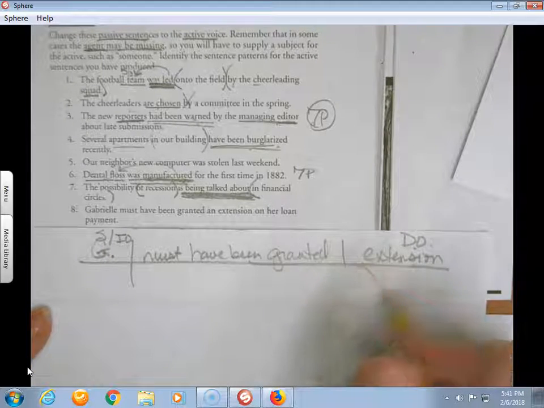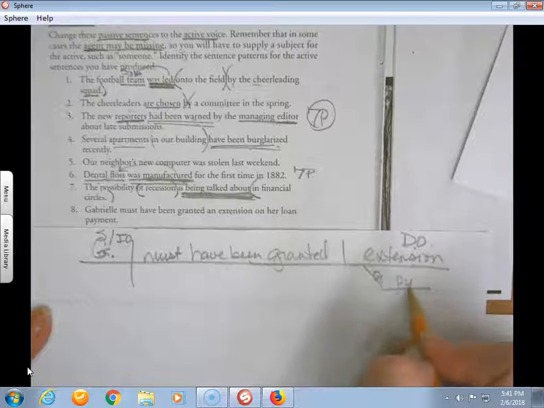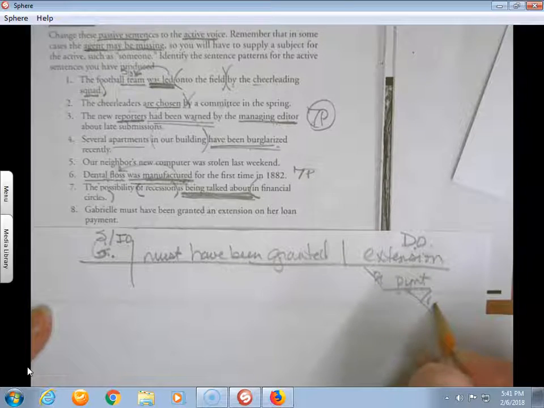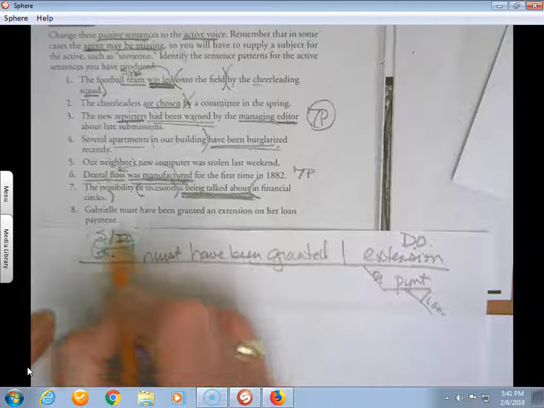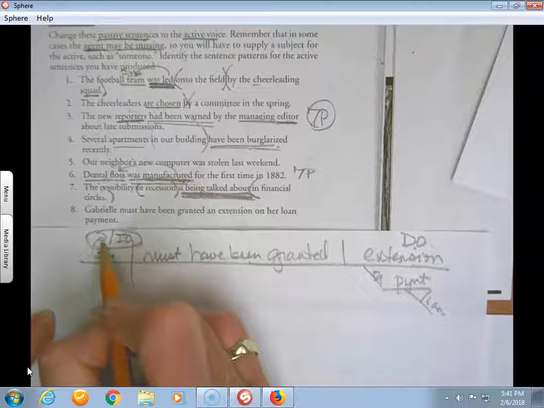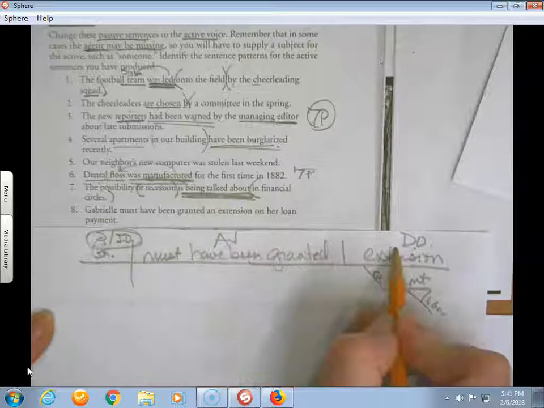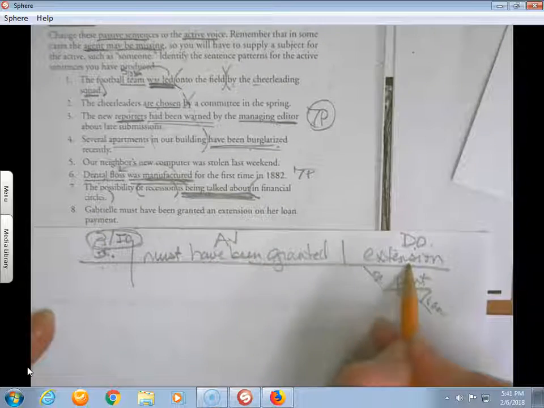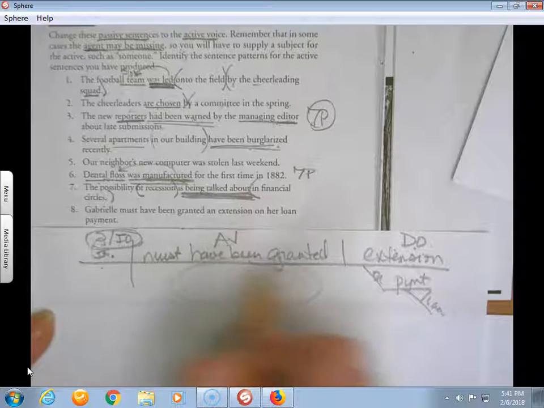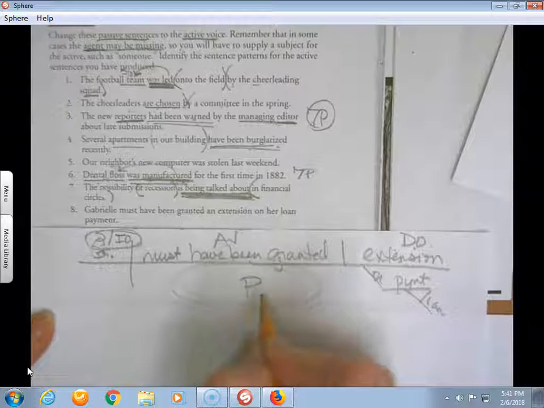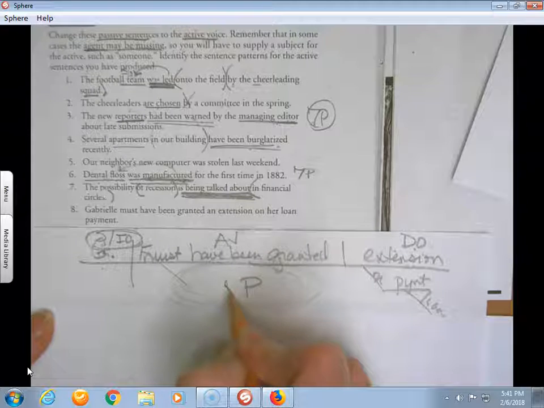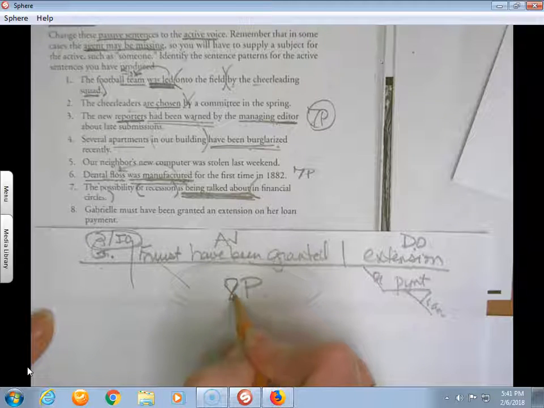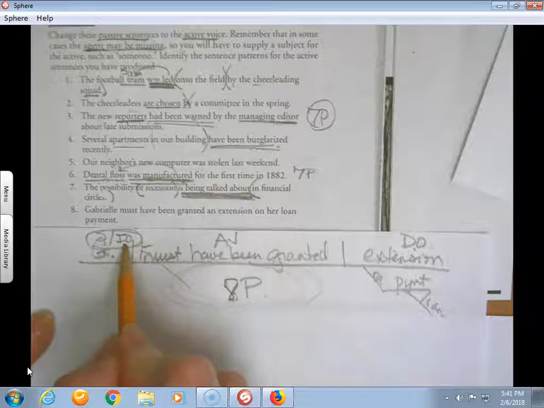What kind of extension? Extension on her loan payment, right? So this is passive because the indirect object is also the subject. Action verb, here's our direct object. So it looks like a 7 because you don't see an indirect object down here, do you? But that's because it's passive and the indirect object is up here in the subject slot. So that makes this an 8P. An 8, not a 7, because we have both a direct object and an indirect object.